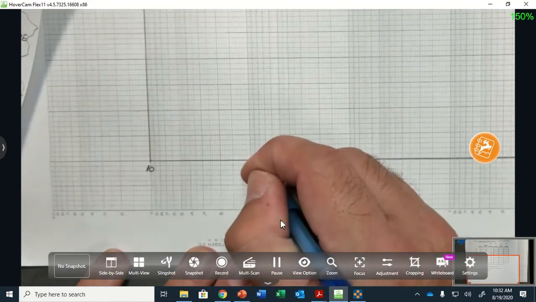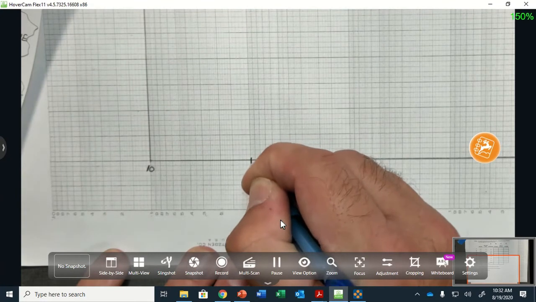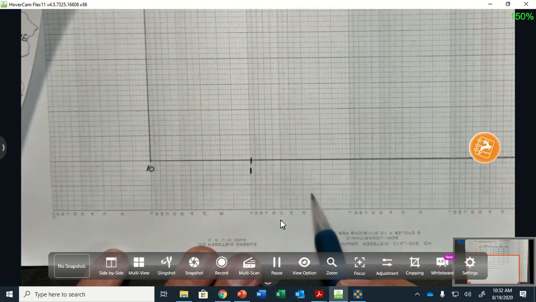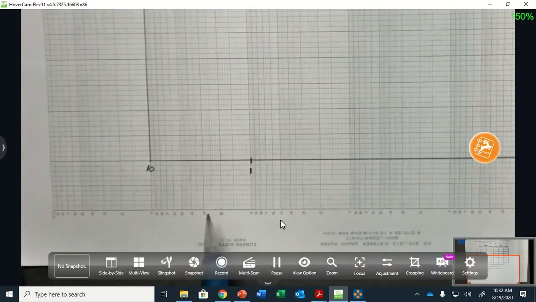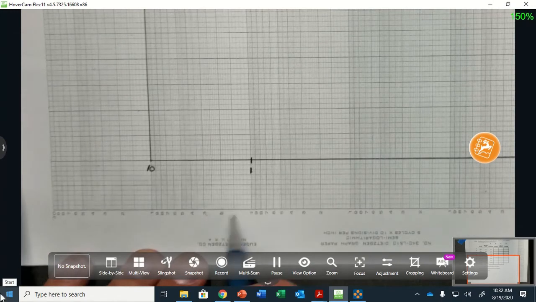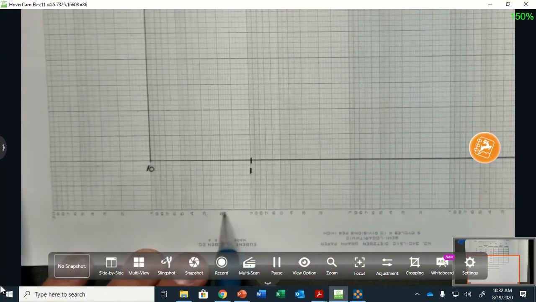If I put a little dash here, that's 1 millimeter. Going smaller to the right, I have 1, 2, 3, 4. See this little line in the middle? That's 4.5, so halfway in between is 4.75 millimeters.